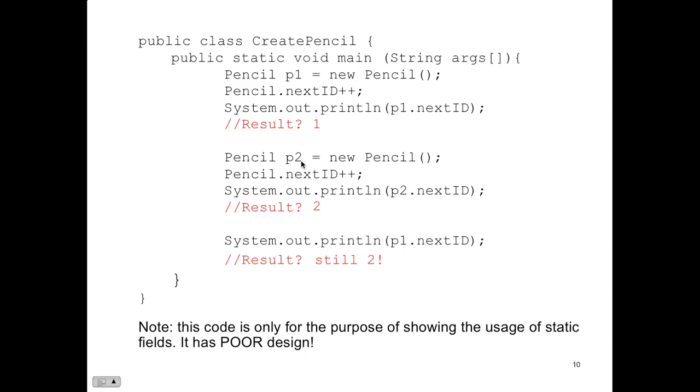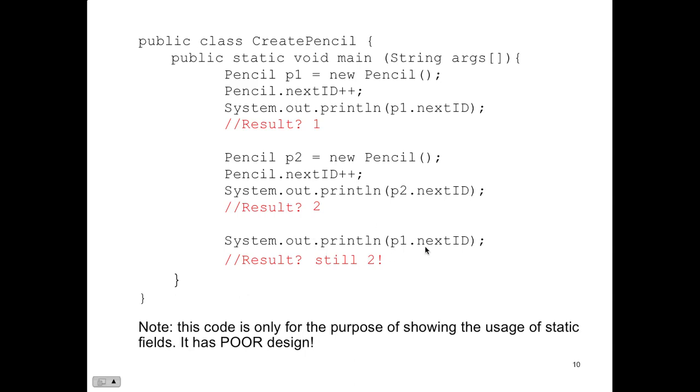And here we have Pencil p2 equal to new Pencil, making another instance of the pencil. And we're saying Pencil nextID, we're going back to the class and we're incrementing it again. So now it's going to be equal to 2 probably. And system.out.println p2.nextID, print out the second object's nextID, its variable.